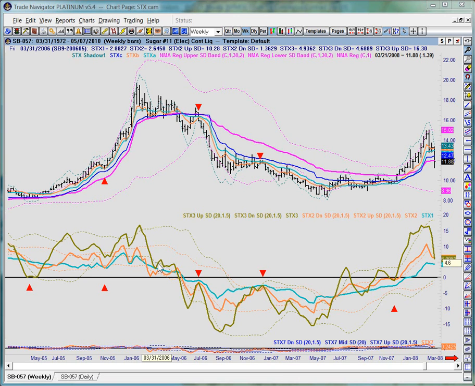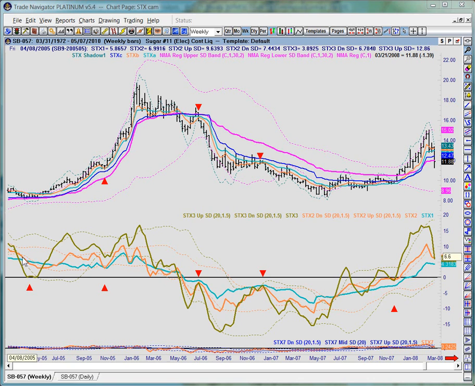Note that since the study contains the slow oscillator as well as the zero line, we now have even a more quantifiable means of discussion of the possible permutations of overbought or oversold conditions of the market. When the slow line is positioned above zero, as was the case through this phase right here, indicating a primary bullish trend, and the fast or medium oscillators exceed their respective lower standard deviation band, which was true here.